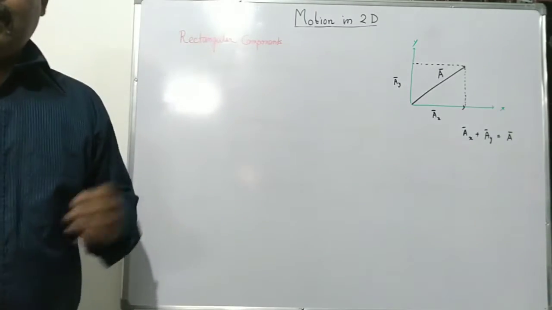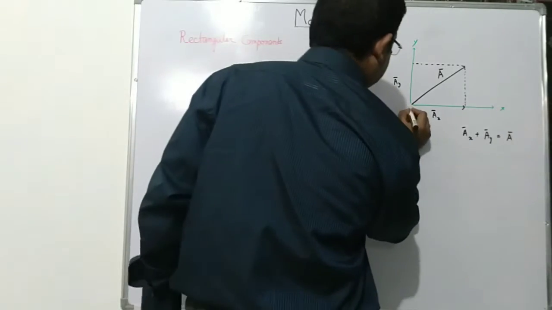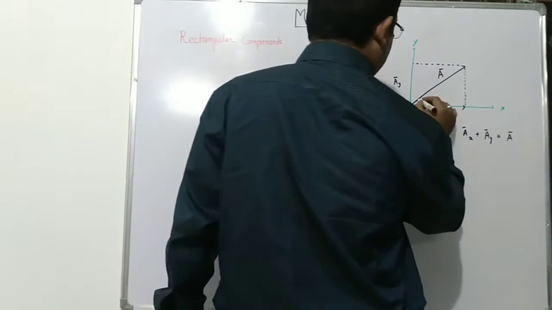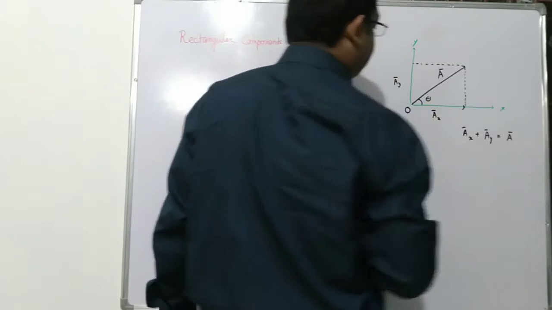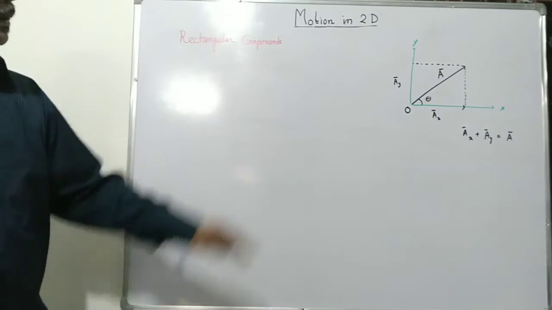Now, what we notice from this geometry, let's call this origin, that let's say vector A makes an angle of theta with the x-axis.